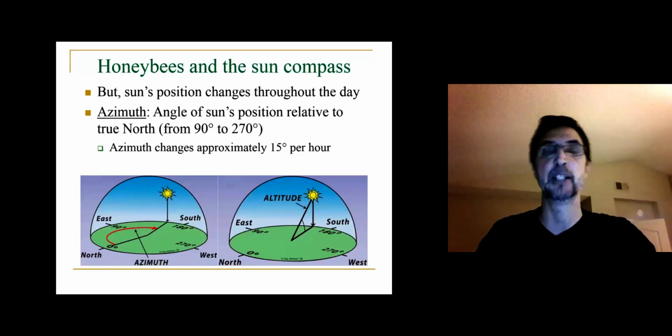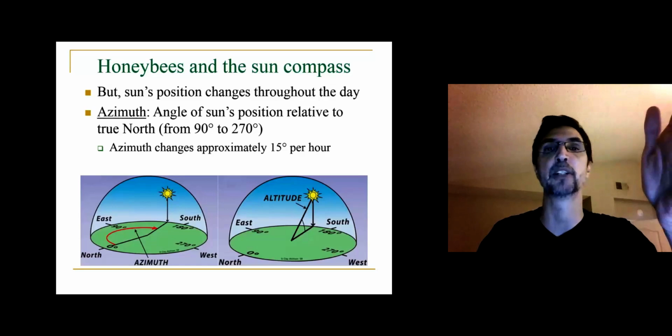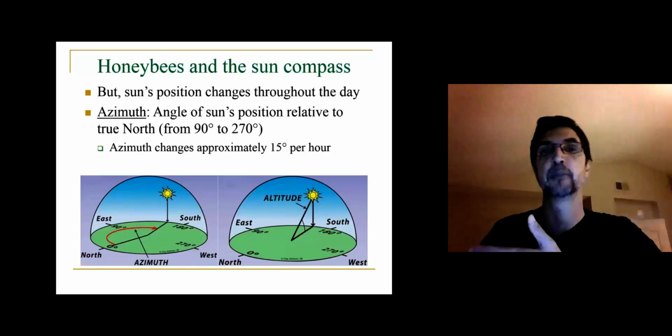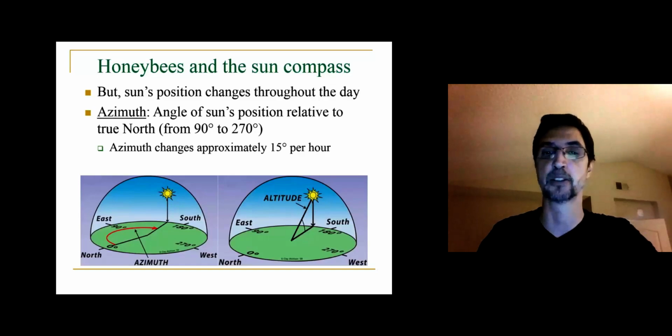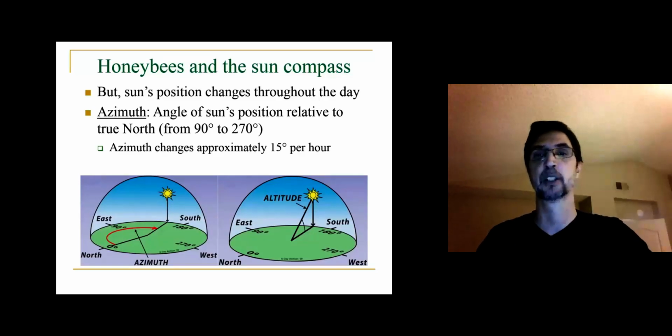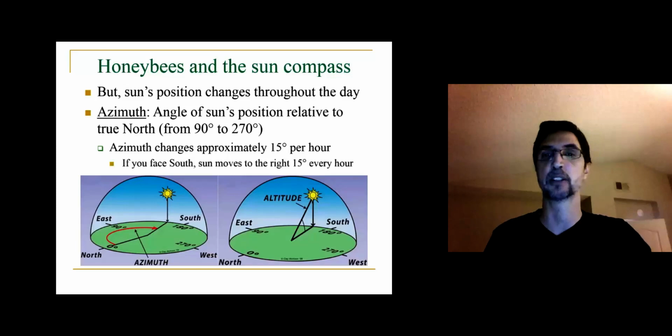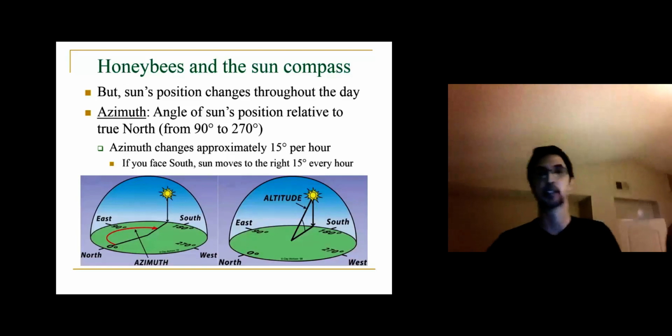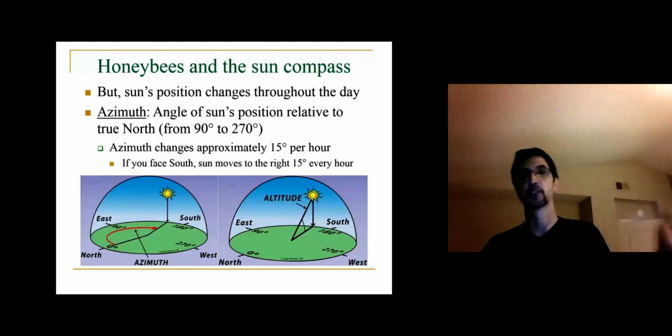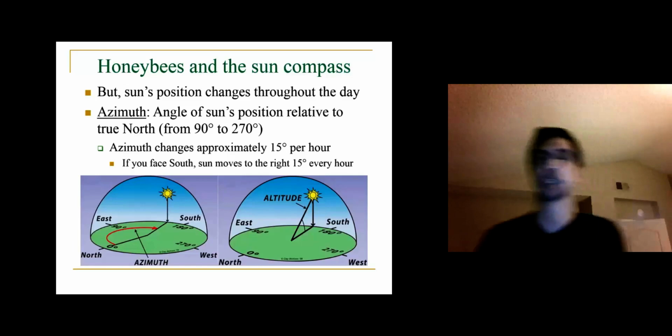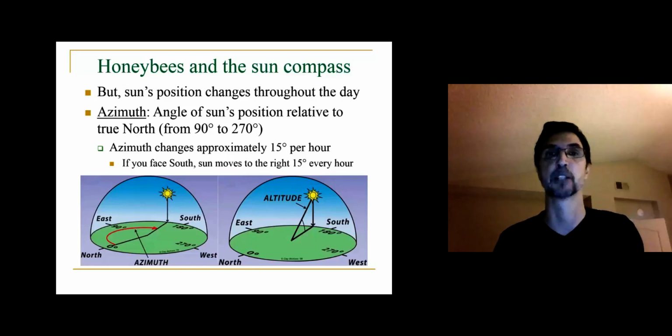And then at midday, the azimuth would be 180 degrees. And then when the sun sets in the evening, its azimuth is 270 degrees. And the azimuth changes approximately 15 degrees per hour. So if you face south, the sun would move 15 degrees from the left to the right, 15 degrees every hour, approximately.